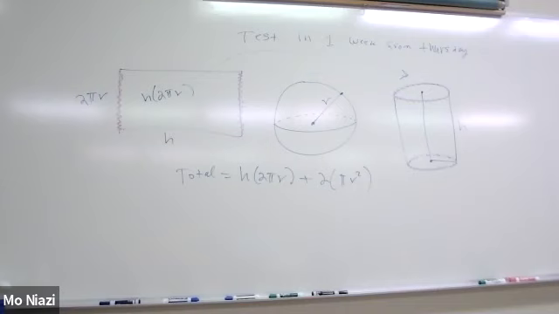Then you divide by 5, and divide both sides by pi, which cancels the pi's out, pi over pi.